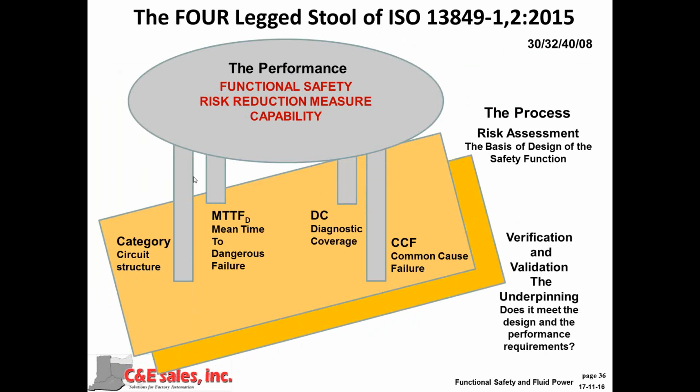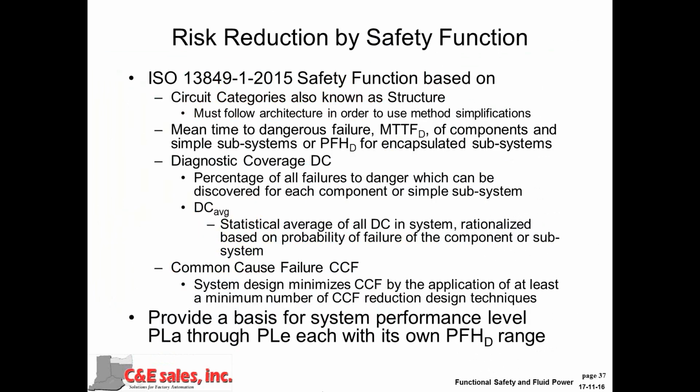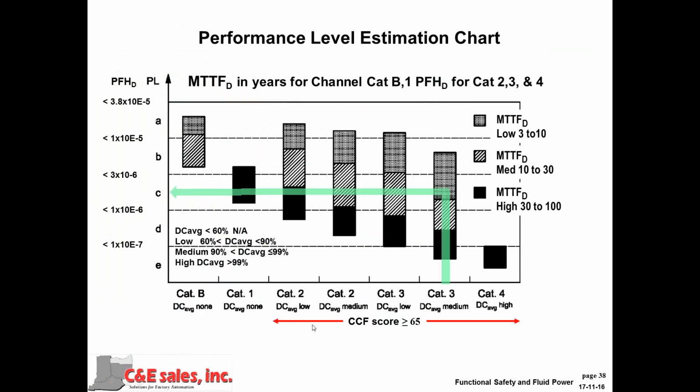The underpinning of this is the verification that I'm doing what the requirement was from the risk assessment, the validation that it does indeed perform the same way. This is just a verbal description of what we've just discussed here. This all then provides us with a basis for identifying what the level of performance is. They're rated from PLA to PLE.